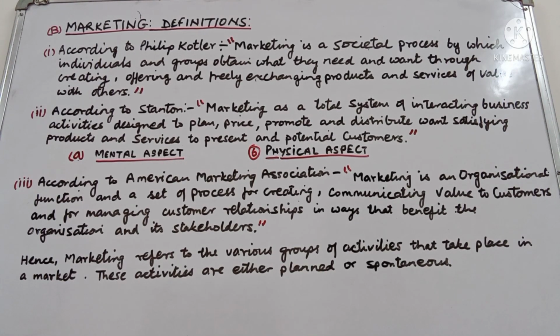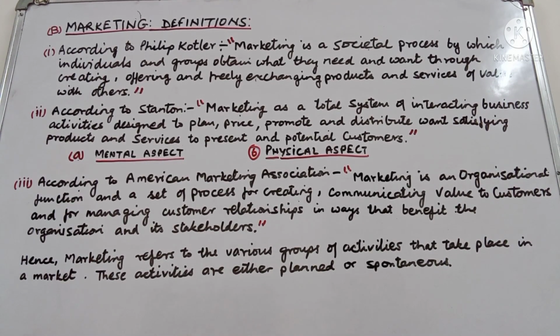Similarly, the buyer must know what is available, at what price, where and when. This is what we call the mental involvement. Both parties should know what the seller has to offer to consumers, and the consumer should know at what price and where he or she can get the product. So this is the mental aspect involved according to this definition.